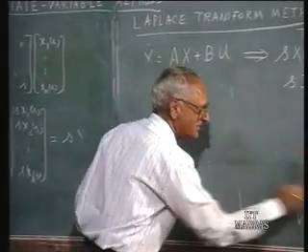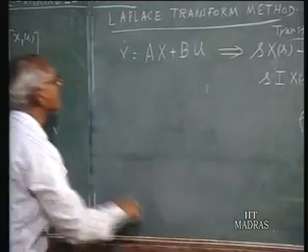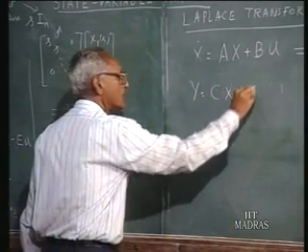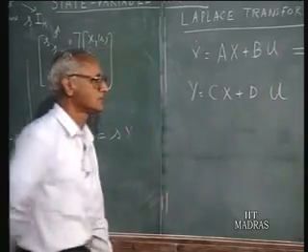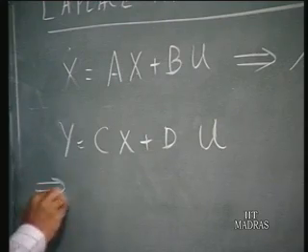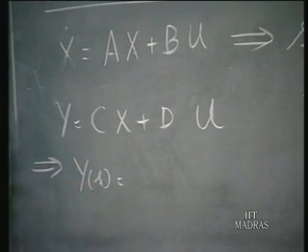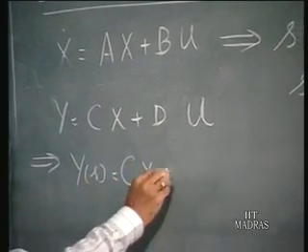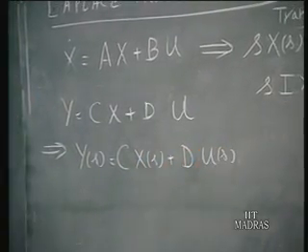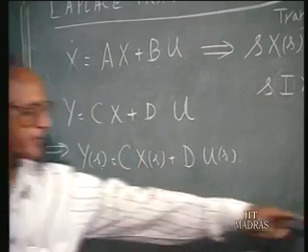Once we have that done, we can find out the output quantity. After all, this is the state equation, and the output is y equals Cx plus Du. Therefore, taking the Laplace transform, y of s, the Laplace transform of the output quantities, is C times x of s plus D times u of s. We know the solution for x of s from here.